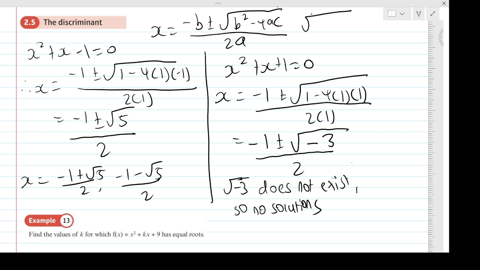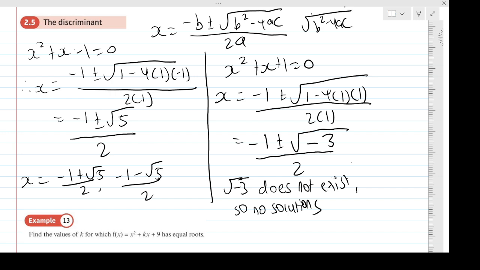So the square root of b squared minus 4ac is very important then. As we saw on the left and the right side here, root minus 3 has a negative, so it doesn't exist. But when we have on the left side positive root 5, then we do get solutions.